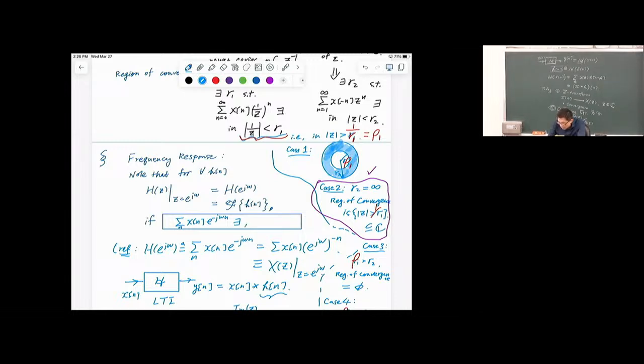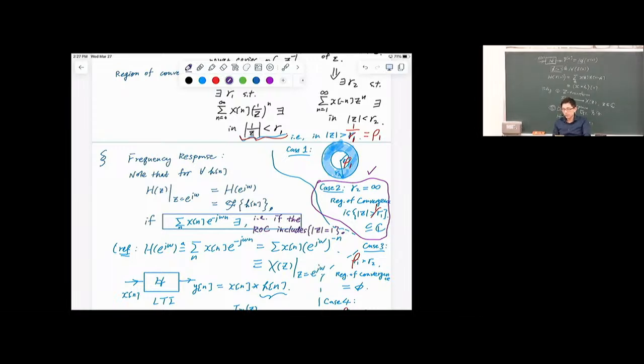In other words, we often say ROC, okay? ROC means region of convergence, okay? Includes the unit circle. Okay?